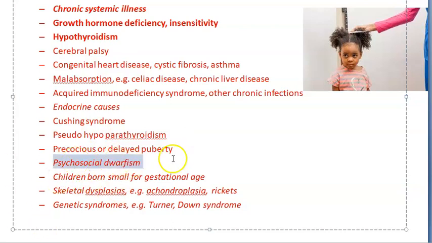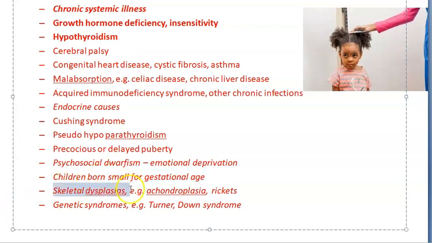More like, you can say emotional deprivation. That will be a better word for us. Emotional deprivation, right? Then children born small for gestational age. This one you should very importantly, when you're taking history itself, you should know the birth weight, birth length of the child, right? That will tell you they were born small, right? But they're growing at a normal velocity, let's hope.